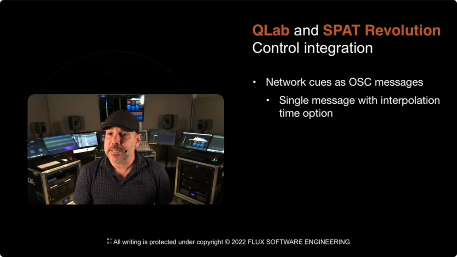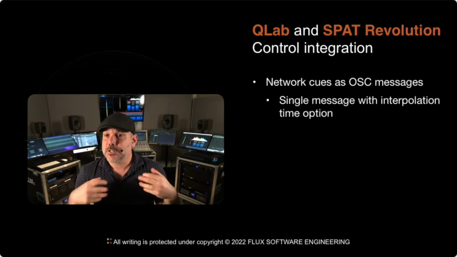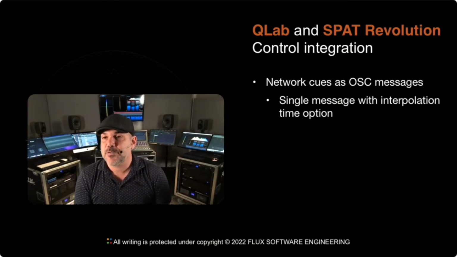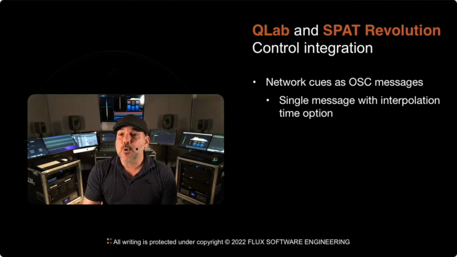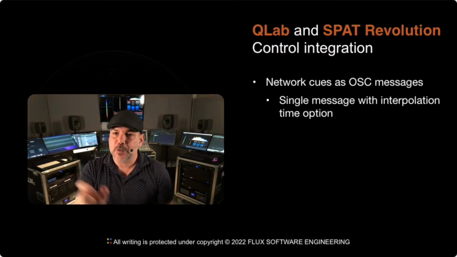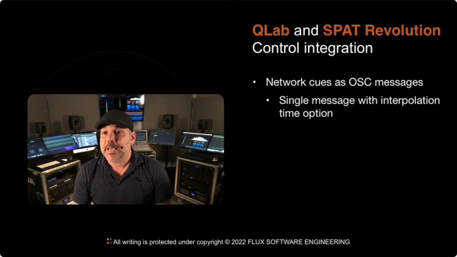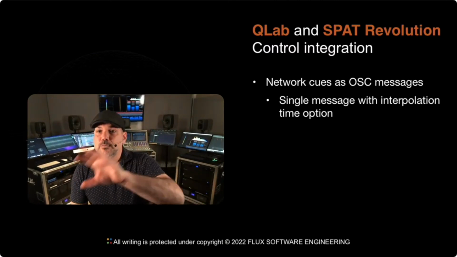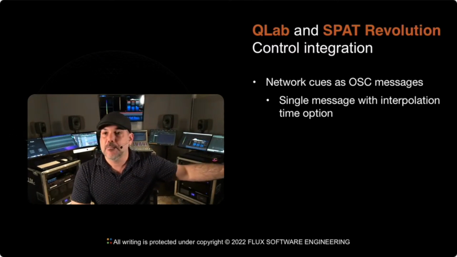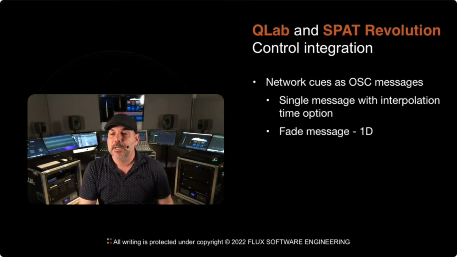They can be single messages, and a single message is basically telling an object, do something, change a specific parameter. Now, we use interpolation time options in SPAT, so you can actually add this as an argument. We'll look at it as an option to actually do a smooth movement instead of a direct move without any interpolation, or crossfade time, if you want to call it this way.